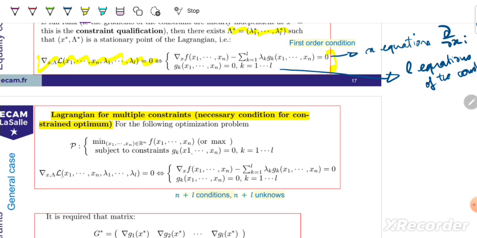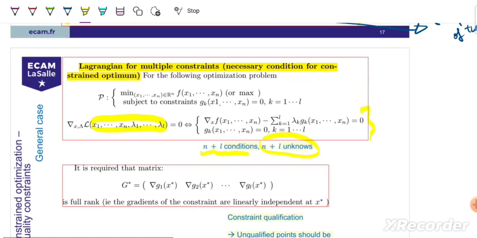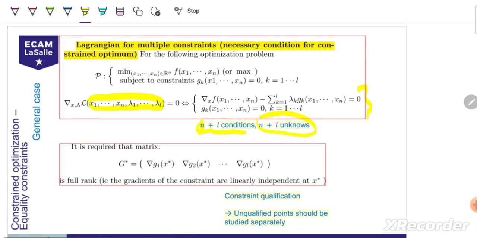In the end, our Lagrangian function depends on x1 up to xn, the n variables that we had to start with, and L Lagrange multipliers. So we have n plus L unknowns: n for the dimension, and L for the constraints that we've got.